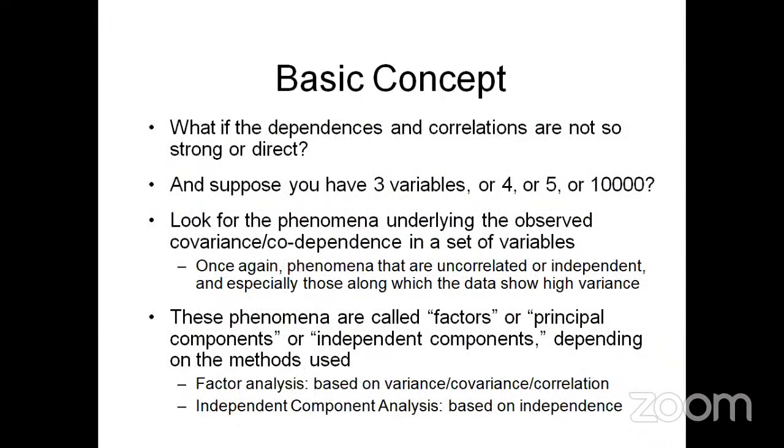So what if the dependence or correlations are not so strong and direct? Look for the phenomena underlying the observed covariance or codependence in the set of variables. These phenomena are called factors, principal components, or independent components, depending on the method used.